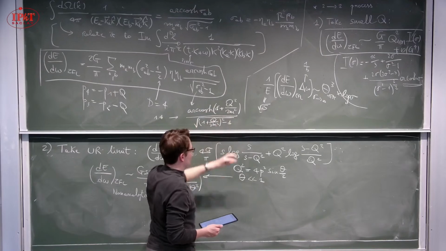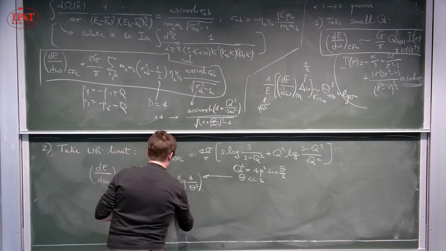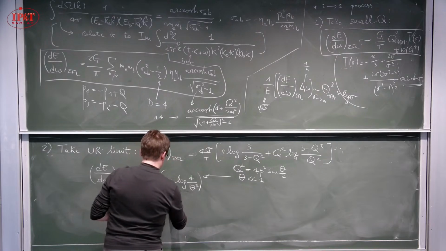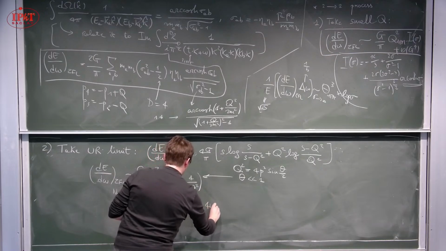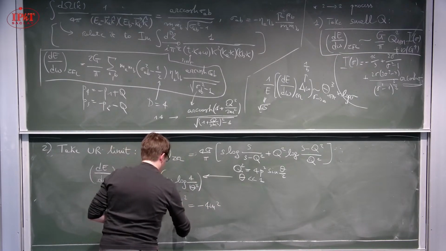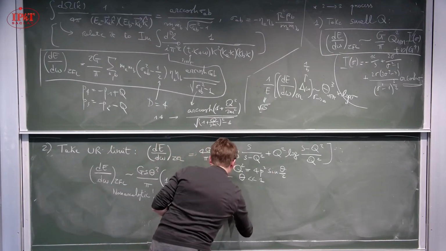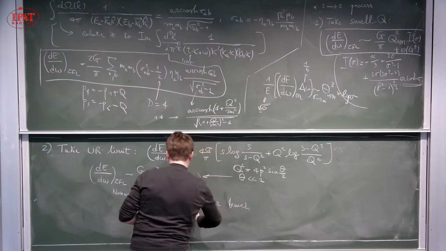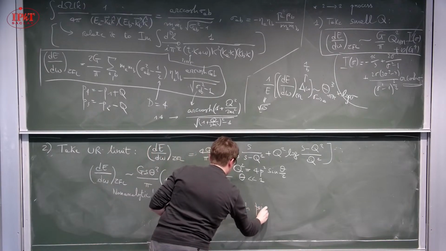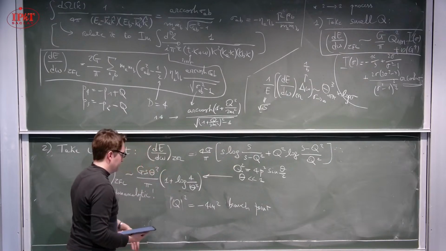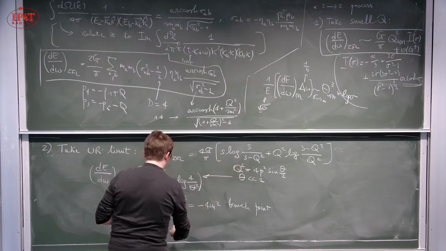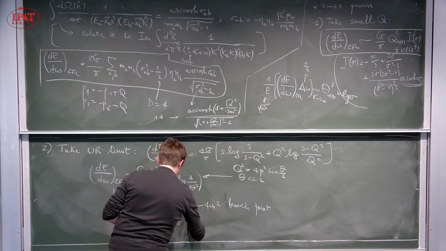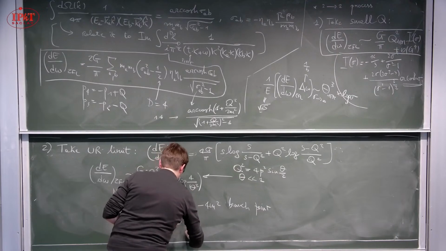The power series expansion of this stops converging when q squared is equal to minus 4m squared, the branch point. And therefore, it already tells you that the PM series, which is an expansion for small q, will stop converging roughly when q is of the order of the mass, or if you plug in this expression, when sigma is of order 1 over theta squared.